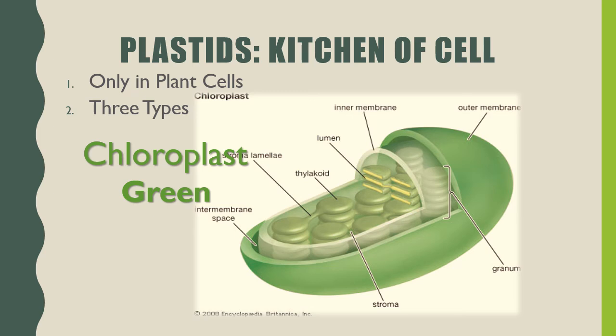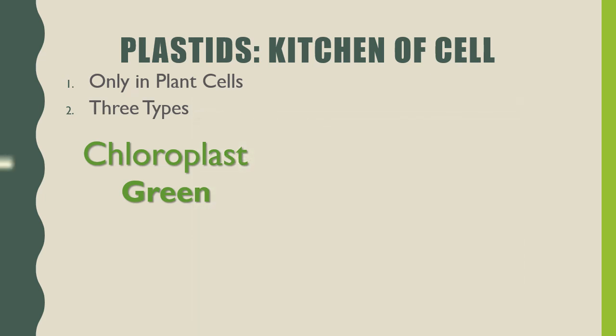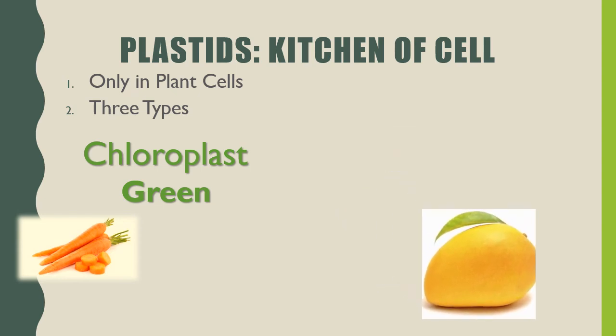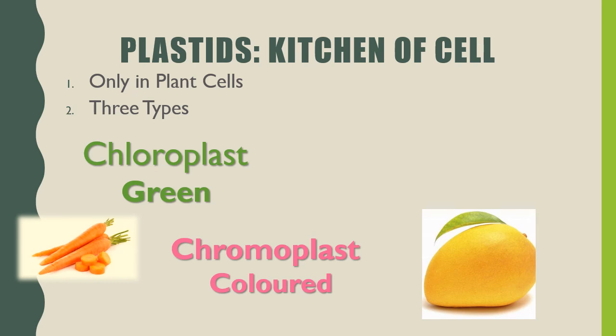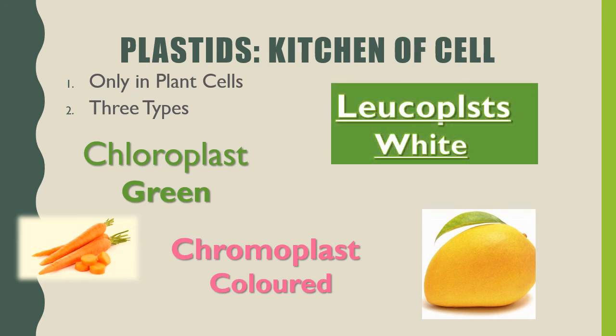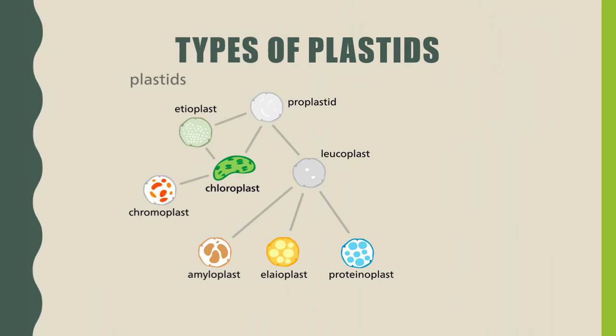But plant also has other colors, the pink of carrot, the yellow of mango. Now these colors are due to chromoplast. And then there are leucoplast, the white plastids. What do they do? Like mitochondria, plastids also have their own DNA.